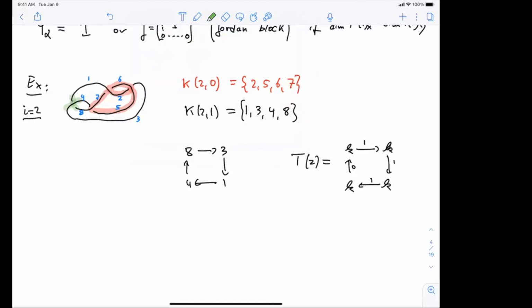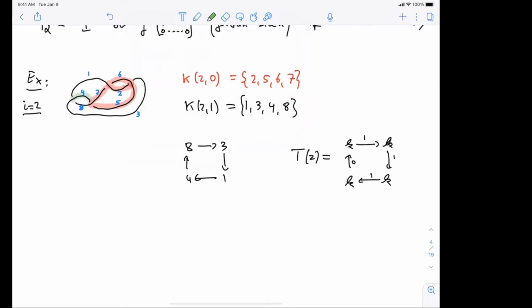The other thing is in this region, every segment is of the same dimension, which means that one of the two arrows in this region must have the Jordan block. So that's why the arrow from 4 to 8 is the one which has the Jordan block. This is a necessary condition, but not sufficient.